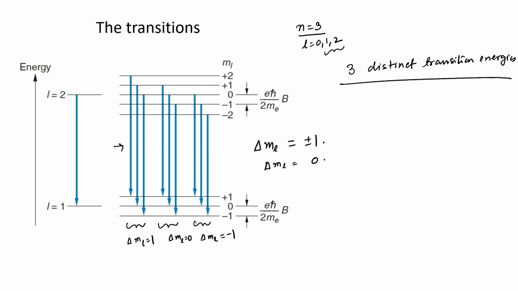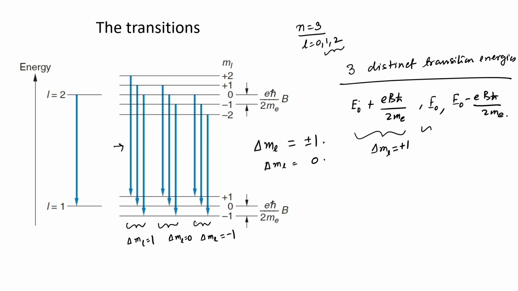And these 3 distinct transition energies are E0 plus eħB by 2m_e, where E0 is just your unperturbed energy, and E0 minus eħB by 2m_e, and E0 itself. This would correspond to delta ml equal to +1, this corresponds to delta ml equal to 0, and this corresponds to delta ml equal to -1. Okay. So, what is the frequency associated with this transition?